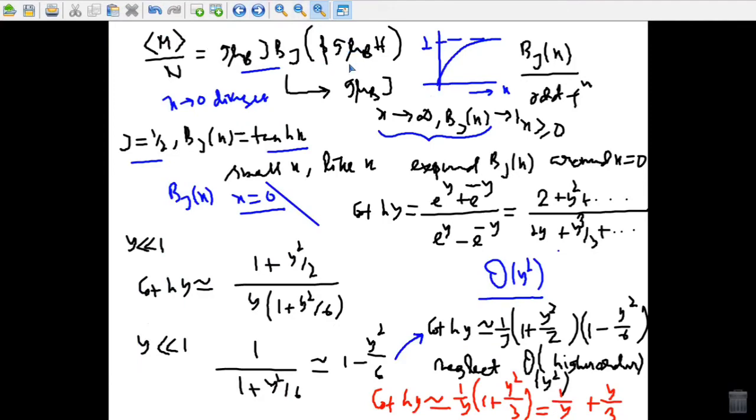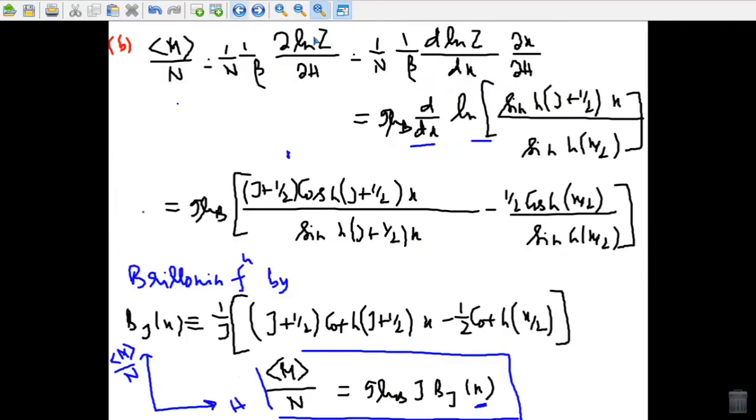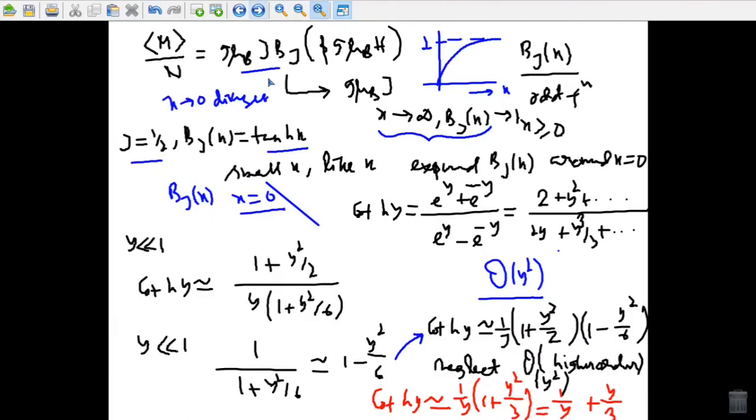Right? So in order to plot the average magnetization per spin as a function of magnetic field H, we have to analyze the behavior of the Brillouin function B_J(x). Since it is an odd function, this is obviously an odd function, and it is sufficient to study the region for x greater than or equal to 0.